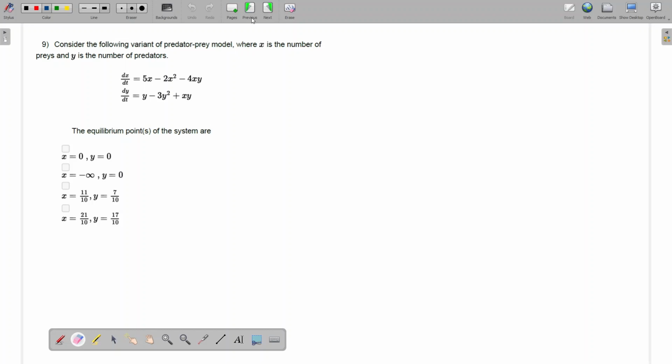Okay, so this question I am solving. This predator-prey model is a function where x is the number of prey and y is the number of predators. How can we calculate the equilibrium point in this two-variable system? We apply dx by dt equal to 0.